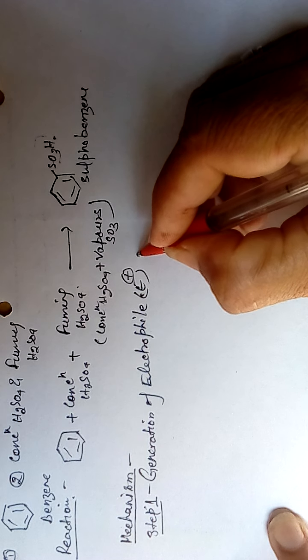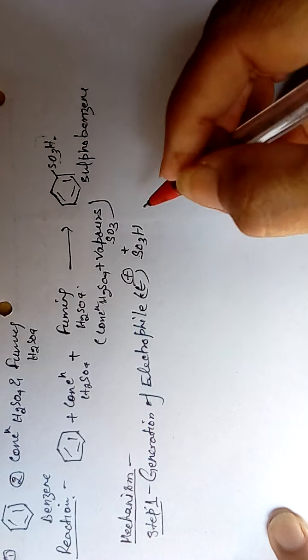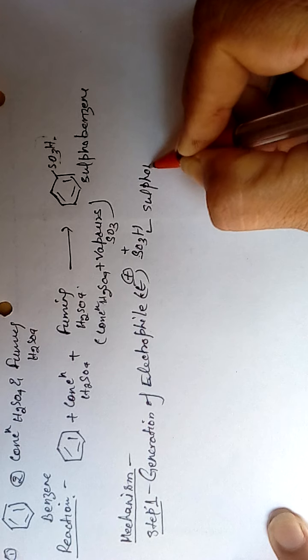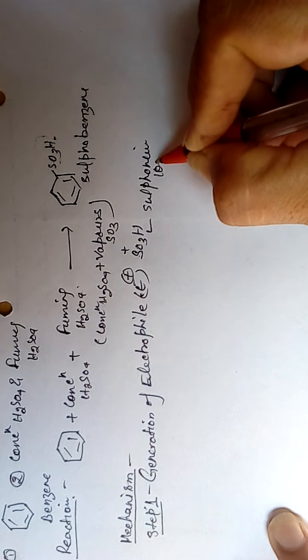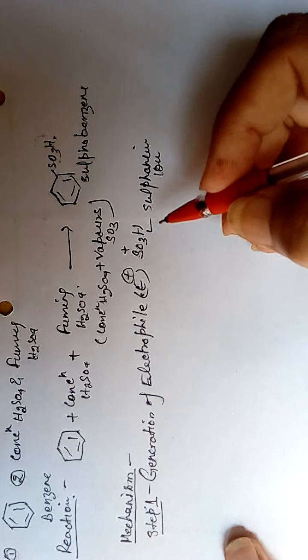The electrophile formed here is the sulfonium ion. How is this electrophile formed? Let's see here.